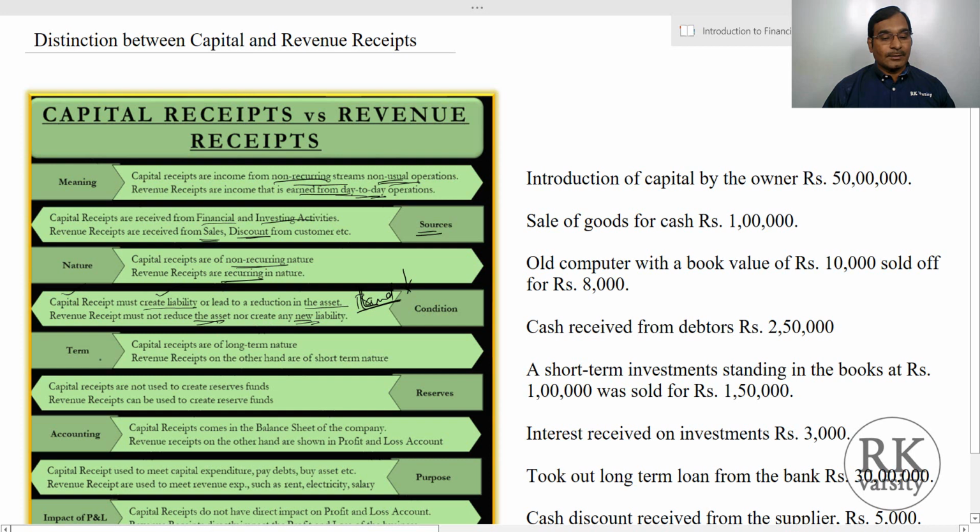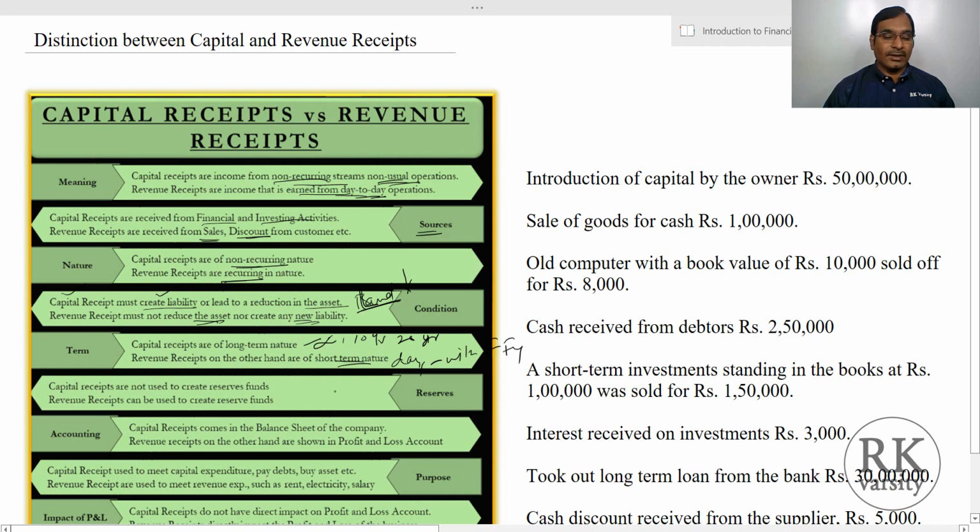Next, the term or duration. Capital receipts are of a long-term nature. Maybe equity, when a company issues equity shares, this is for a perpetual, infinite time period. Or when a loan is borrowed, we borrow for 10 years, 20 years, and so on. Whereas revenue receipts, on the other hand, are short-term in nature, probably day-to-day or within a financial year.